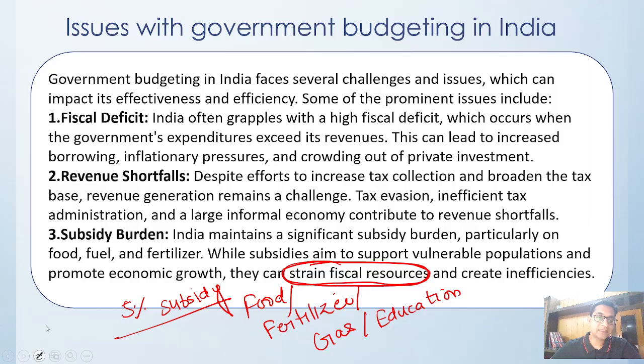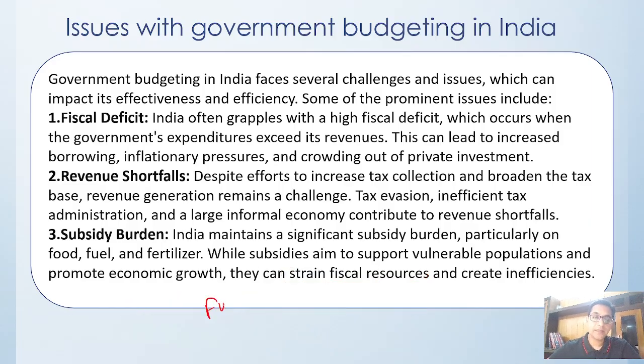Sometimes it is said that the fuel company has reduced the rate of fuel by rupees 2 per liter. Yesterday only it has happened. So that means this reduction of 2 rupees is for the general consumer, but somebody has to pay, no?